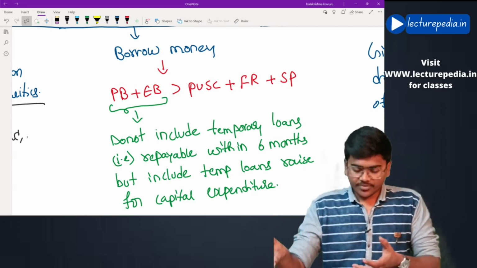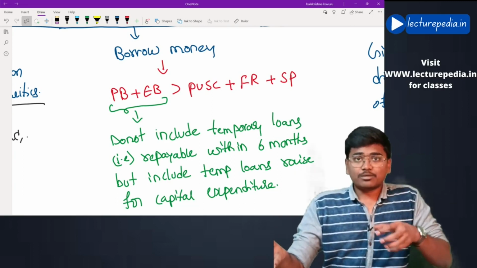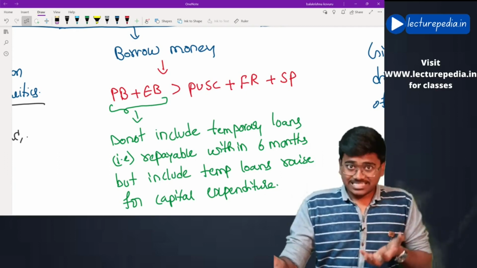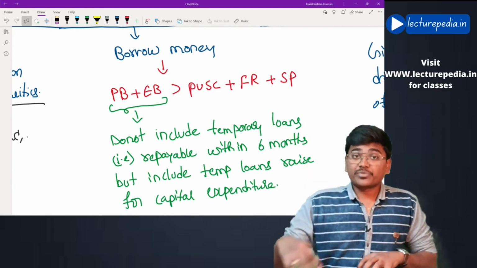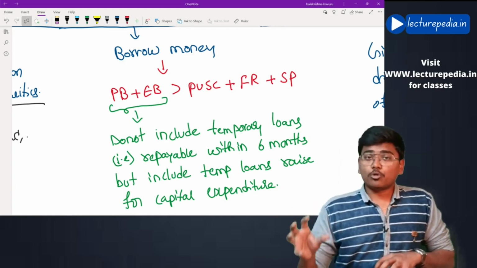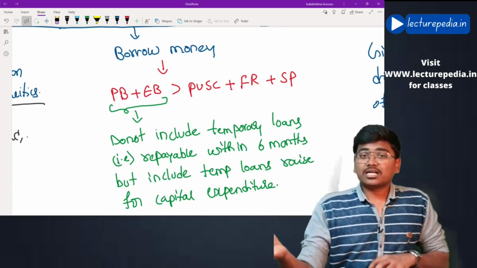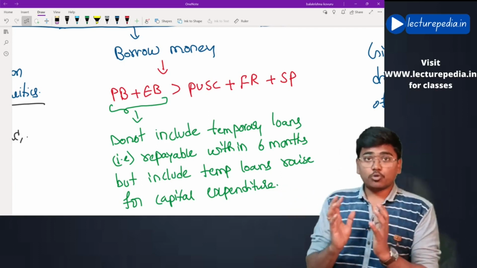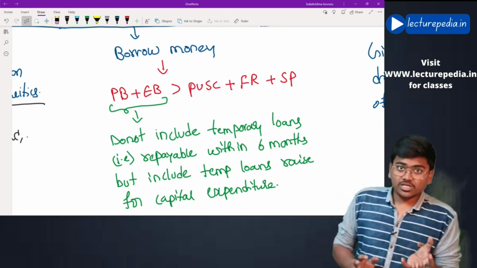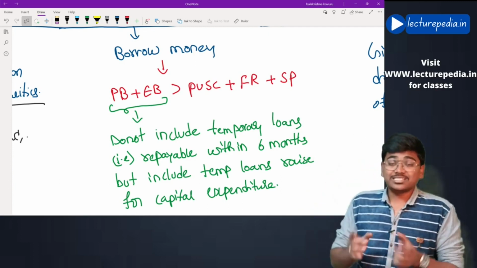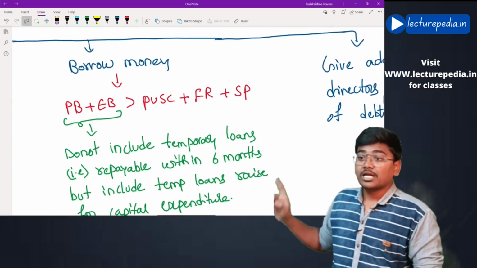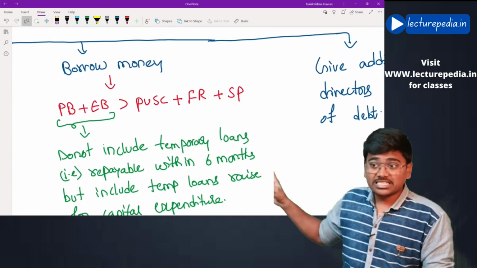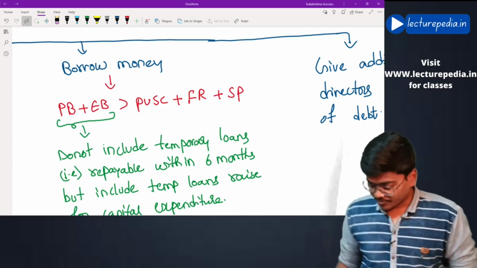Before borrowing, it would already have some borrowings. Now, existing borrowings that are already there plus proposed borrowings, that is the borrowings that the company wants to make, both together, that means existing borrowings along with the proposed borrowings, exceed paid up share capital, free reserves and securities premium, taken together.